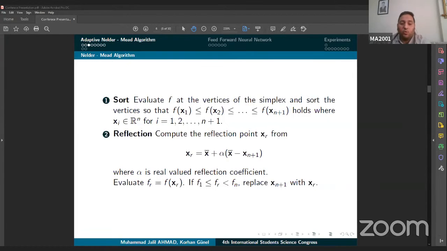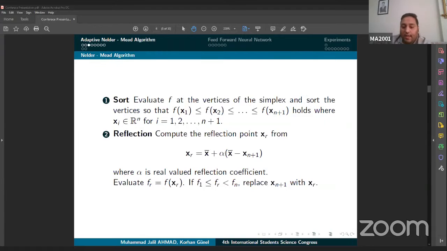After this step, we will get to our next step, which is called the reflection point. In this step, we will introduce another point which will be the reflection of the point which we classified earlier as the worst point. This point will be called XR.